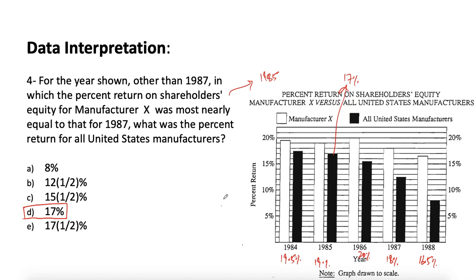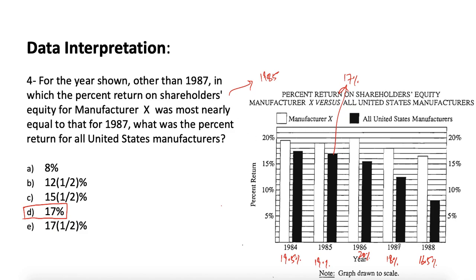So all you need in this question is to understand the question, and this question stem is a bit tricky. If you see again, the question said, for the years shown other than 1987, in which the percent return on shareholder equity for manufacturer X was most nearly equal to that of 1987.